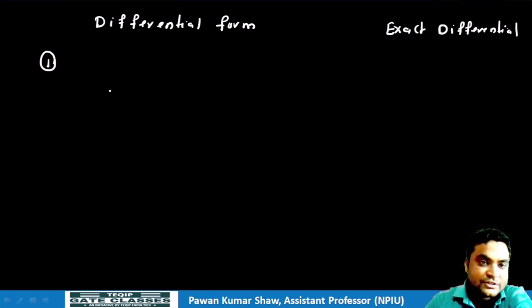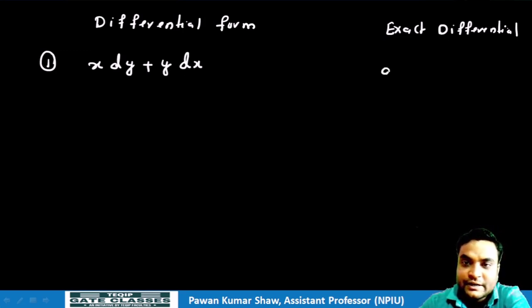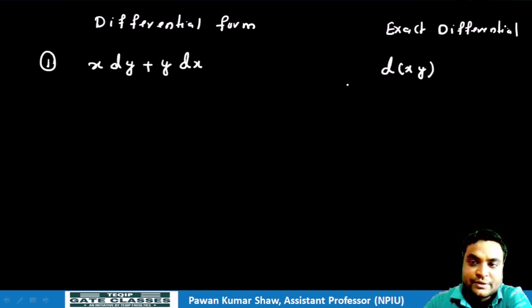So suppose the differential form is x dy plus y dx. In that case we can write that as d of xy, right? That we know, because if you take the total derivative of this function xy, we will get x dy plus y dx.